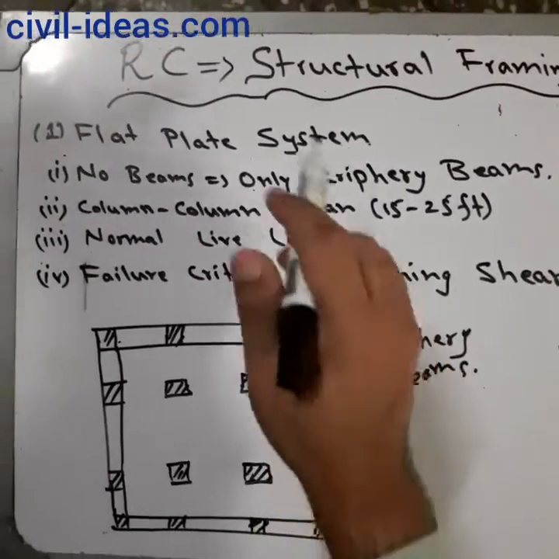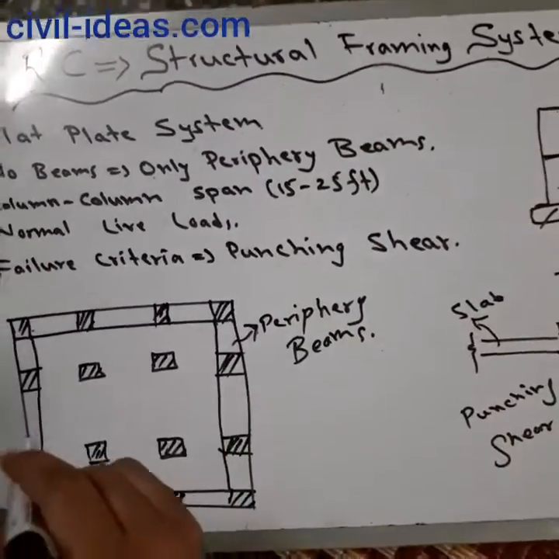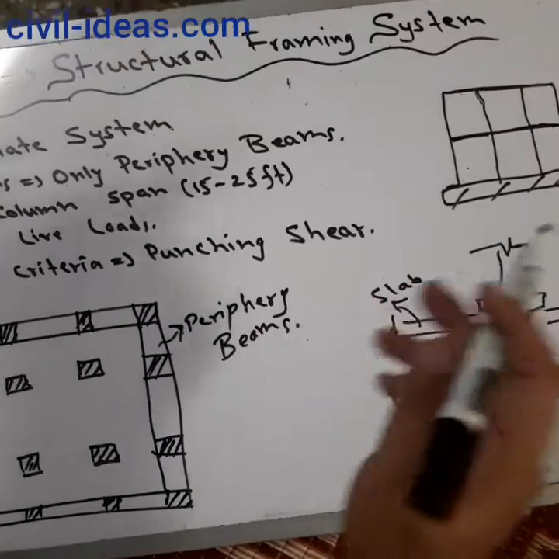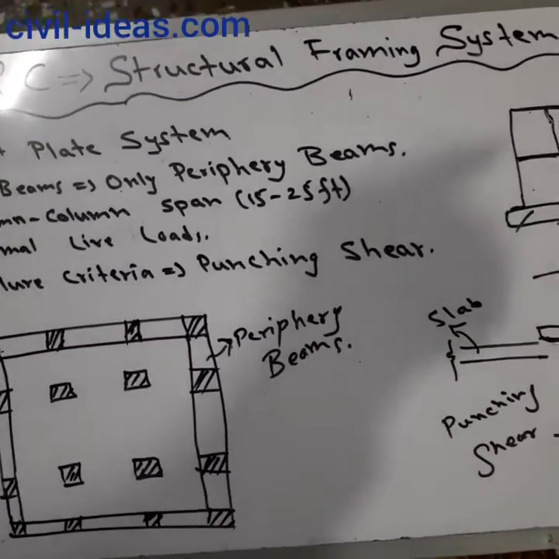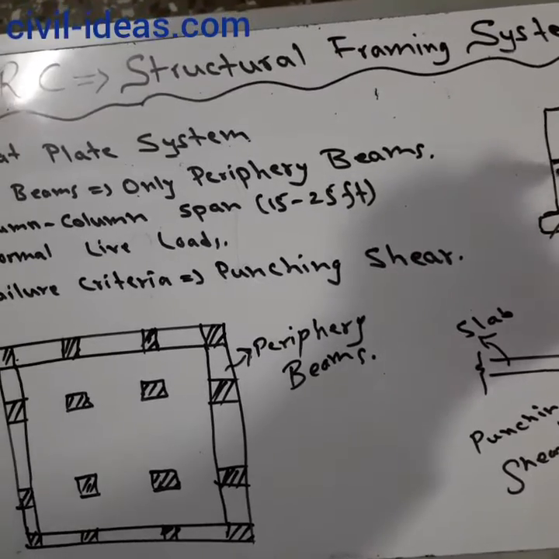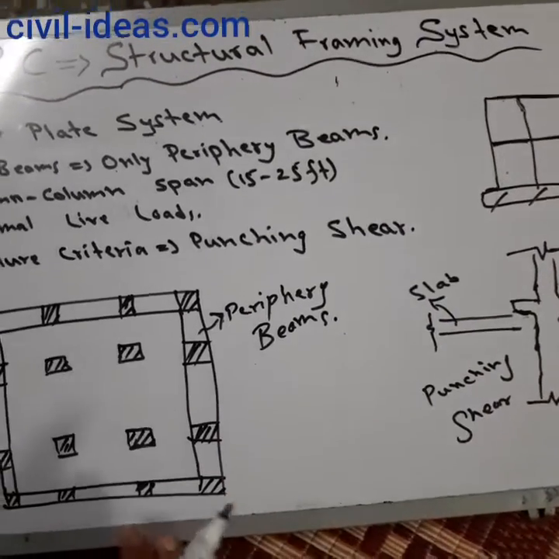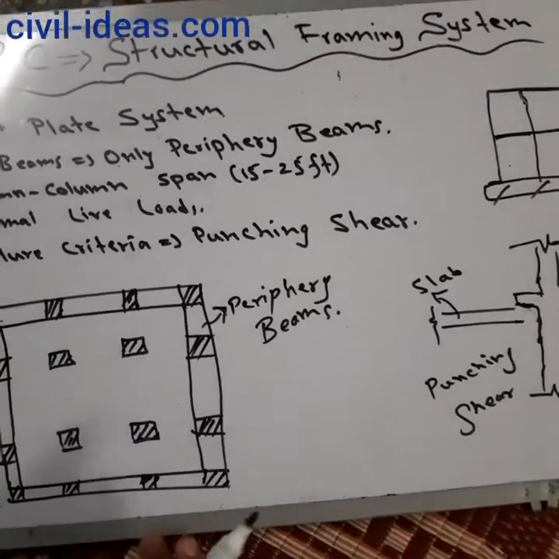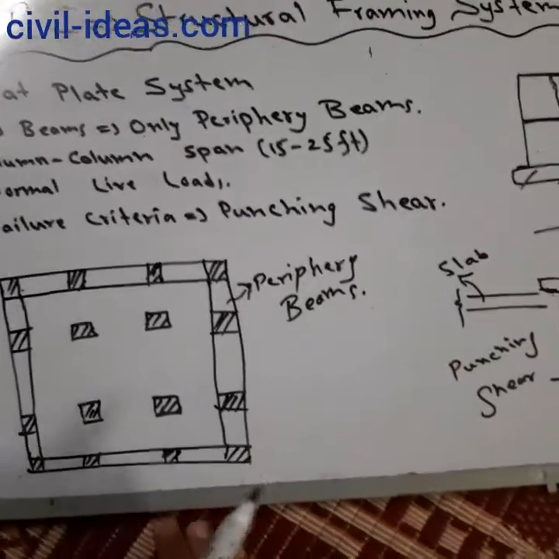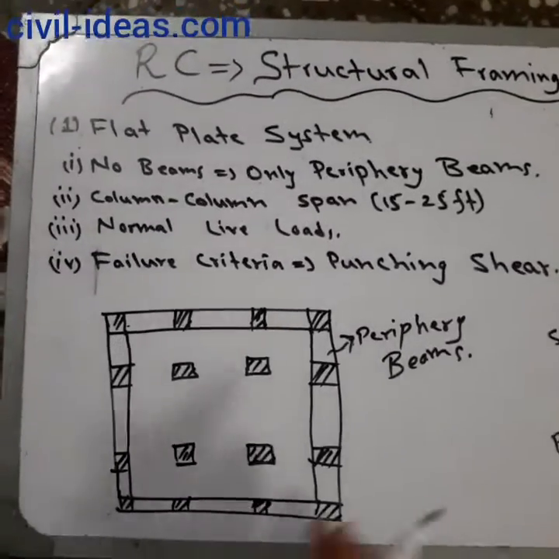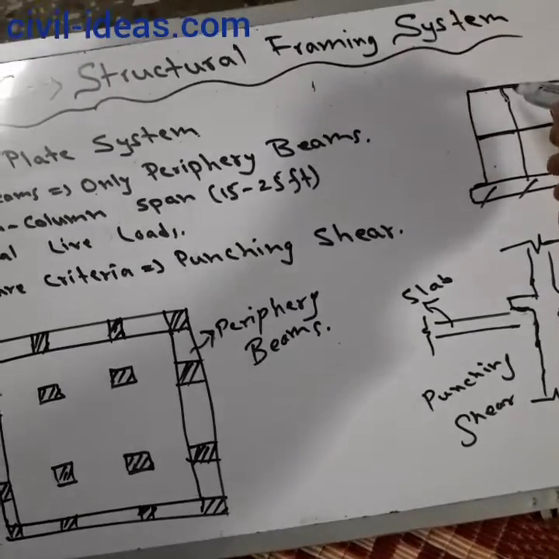So today we'll discuss the reinforced concrete structural framing system. You may have seen the framing of a building structure, and you have seen the slab system. Normally you have seen beams and columns, but there are about 7 to 8 types normally followed in the world, systems that transfer the load from the slab to the foundation.